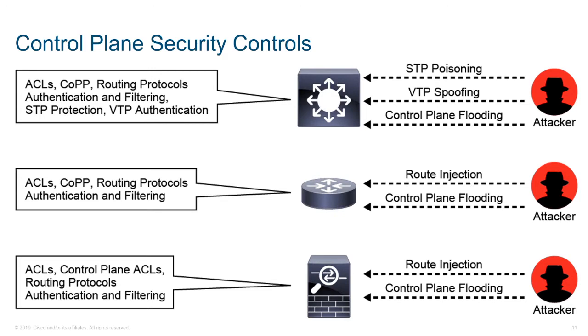In this topic, we are looking at some of the control plane security controls, and sometimes it's going to vary based on whether we're on a firewall or a router or a layer 3 switch.